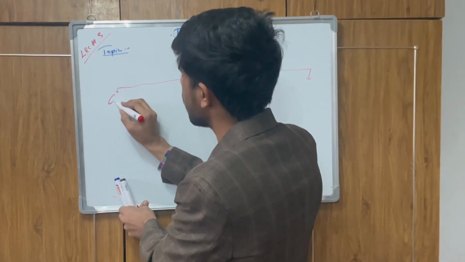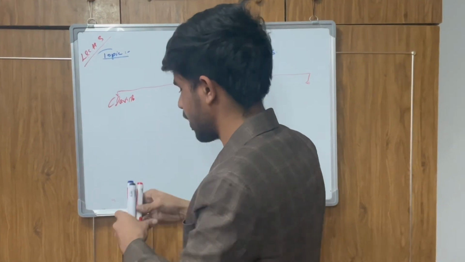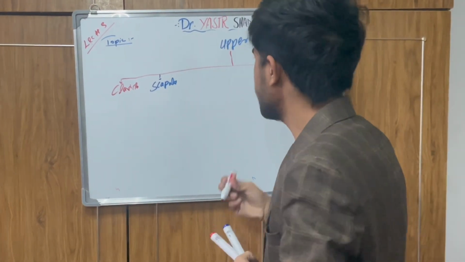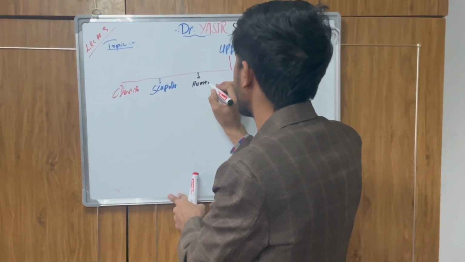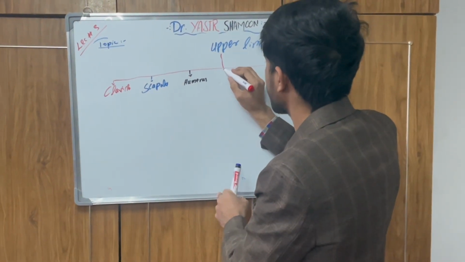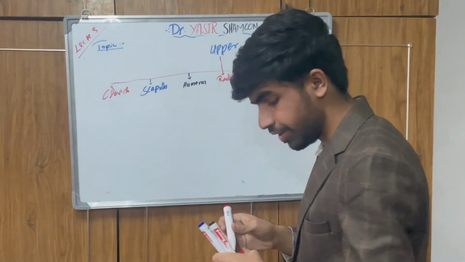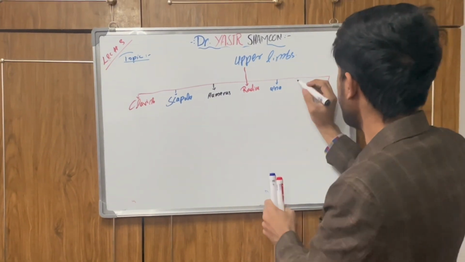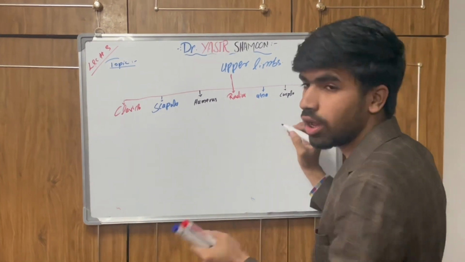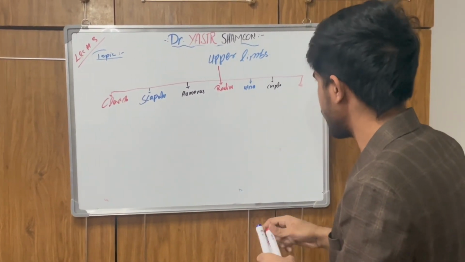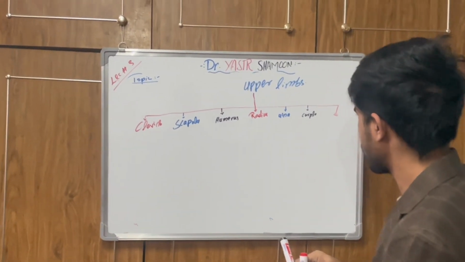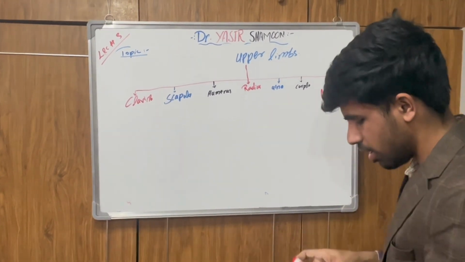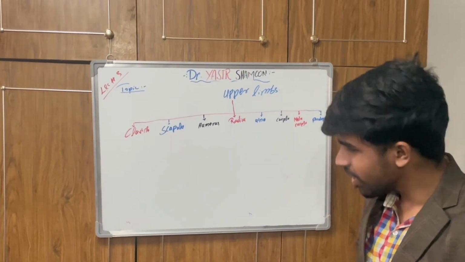First is the clavicle, second is the scapula, third is the humerus, fourth is the radius, then the ulna, the carpal bones, also called wrist bones, the metacarpals, and last are the phalanges.